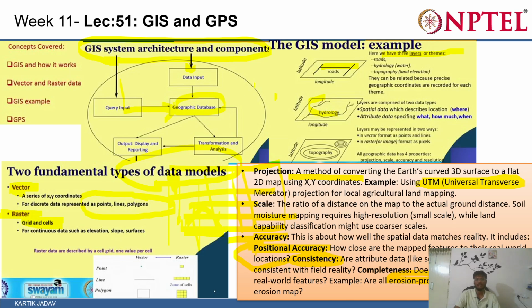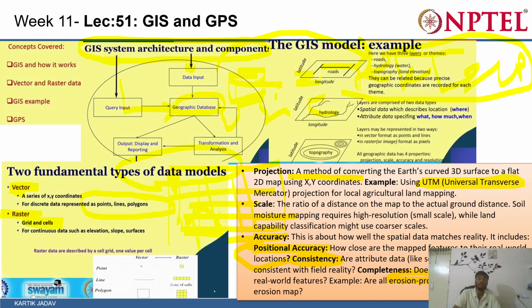As we have discussed, erosion is a function of R, K, L, S, C, P. We collect all this data, then use the USLE equation to identify erosion-prone zones based on our fundamental understanding, and then map the erosion-prone areas.